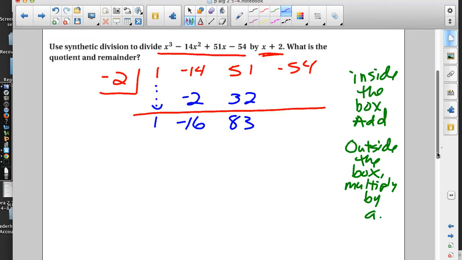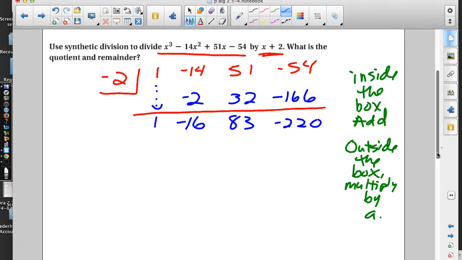Outside the box, multiply. Inside the box, what do? Add. Ta-da! Math magic!